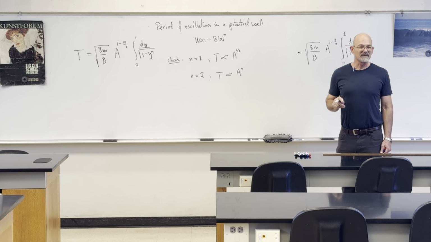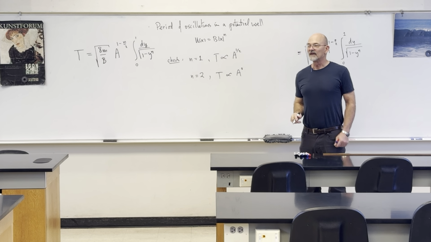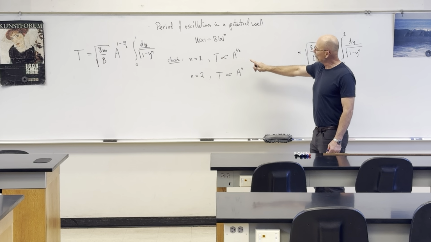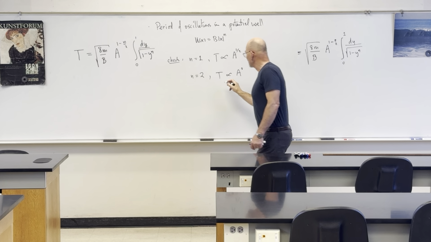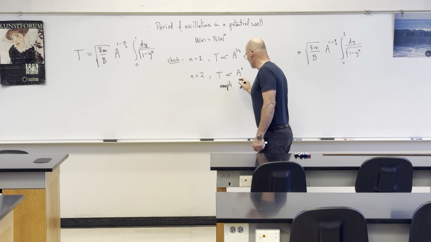That's the harmonic oscillation. Do you guys remember in harmonic oscillations that the period is amplitude independent? And that's what you're seeing right here. Amplitude independence of harmonic oscillation. We're about to study those coming up soon.